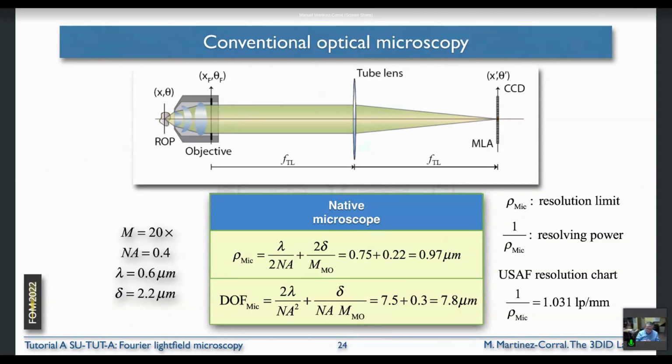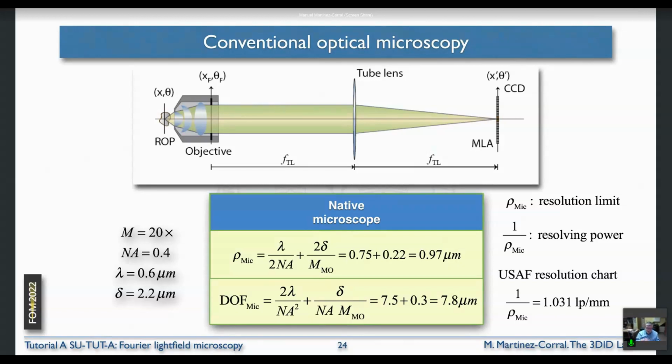So, resolution. The resolution of an optical system is determined by the combination of two effects: the diffraction effect, which is the quite classical Abbe formula for resolution, and the pixelation effect, which is the formula of the Nyquist limit.